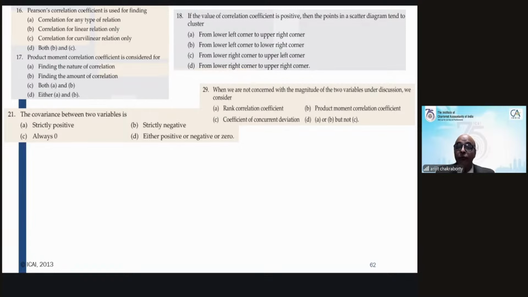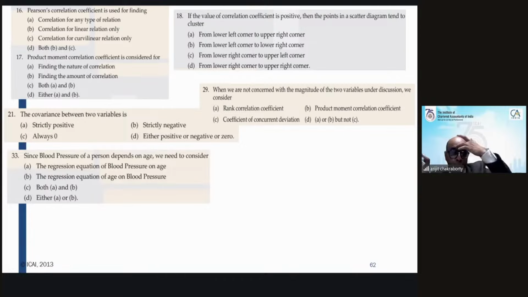I repeat, when we are not concerned with the magnitude, but we are concerned with the change of sign, positive to negative. And out of the changes, कौन सा change ऐसा हुआ है जहां पे दोनों वेरिएबल में सेम डायरेक्शन में चेंज हुआ? That means both are positive or both are negative. That is called concurrent deviation. So for 29, the correct answer should be option C. Yani 29 question C, coefficient of concurrent deviation.